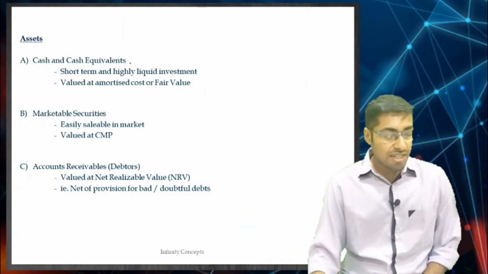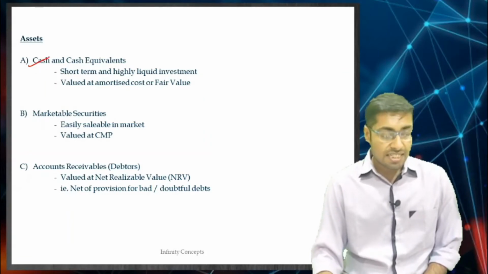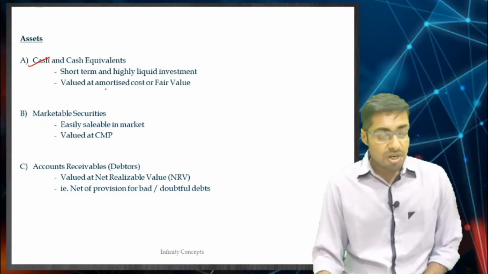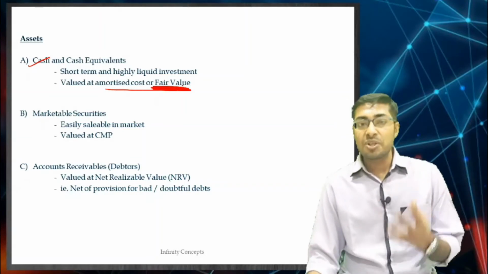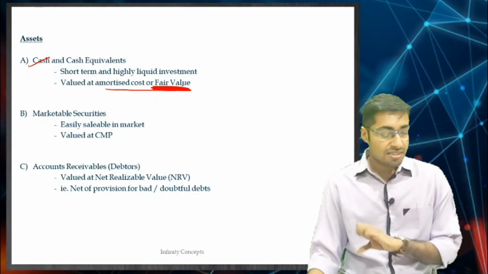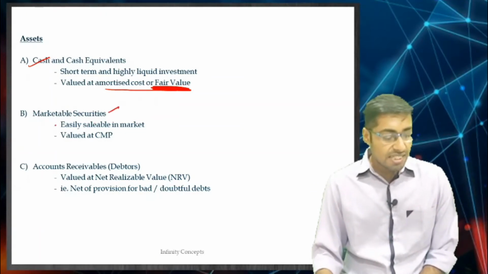Cash and cash equivalents: short term and highly liquid investments are known as cash and cash equivalents. They are valued at amortized cost or majorly at fair value. Fair value means the value which you are going to get for those cash and cash equivalents. So that is one thing. Marketable securities are easily sellable in the market.